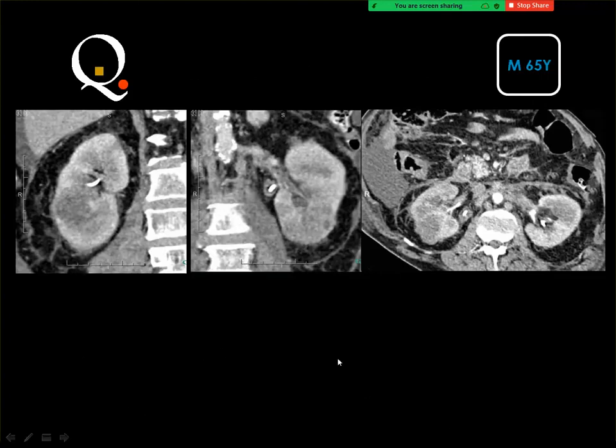And here you have a male patient, 65 years old, and there are bilateral renal masses.